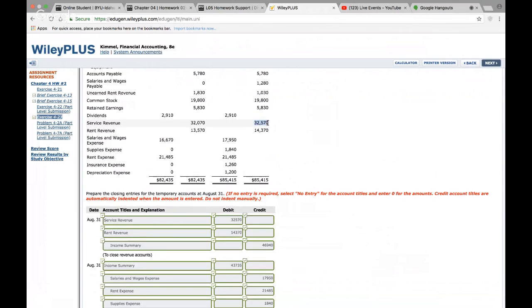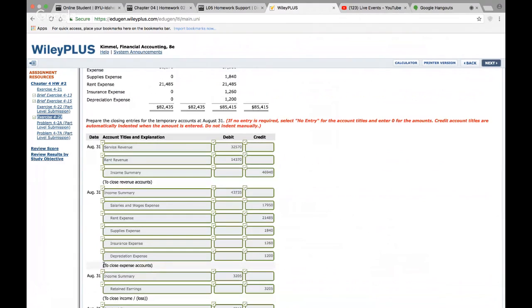We're going to debit $32,570, and we're going to debit $14,370. Of course, we want to close that out, so we're going to credit it to the income summary. We add these two numbers together and we get 46,940.